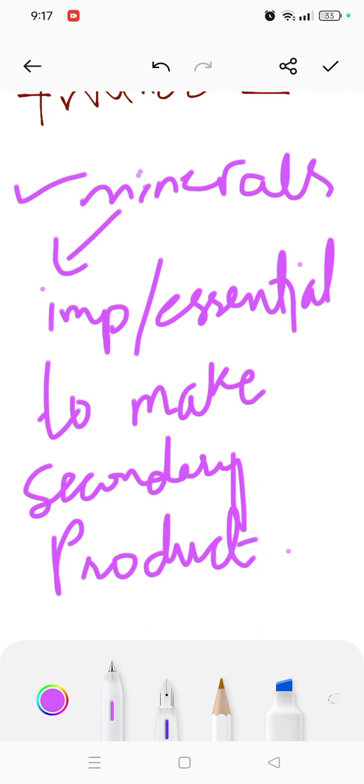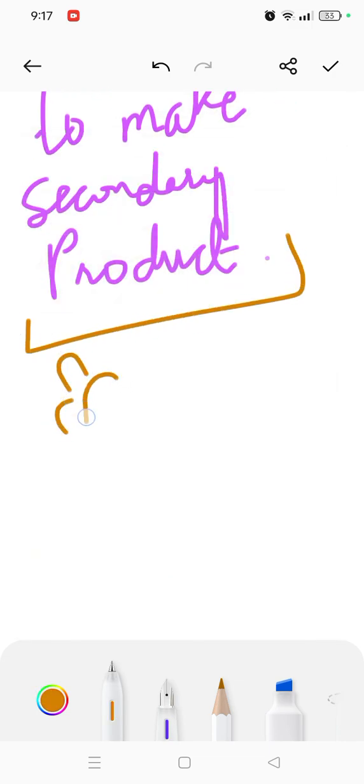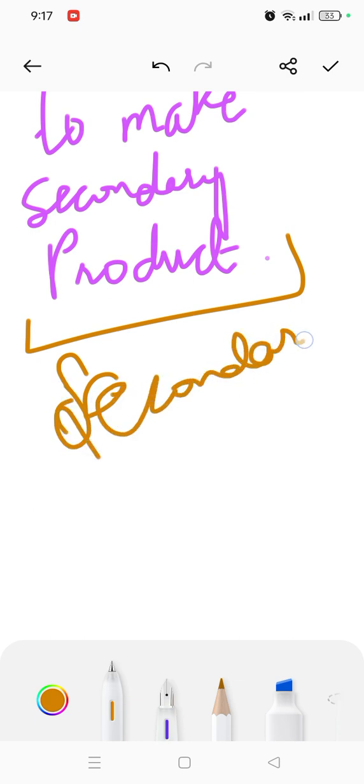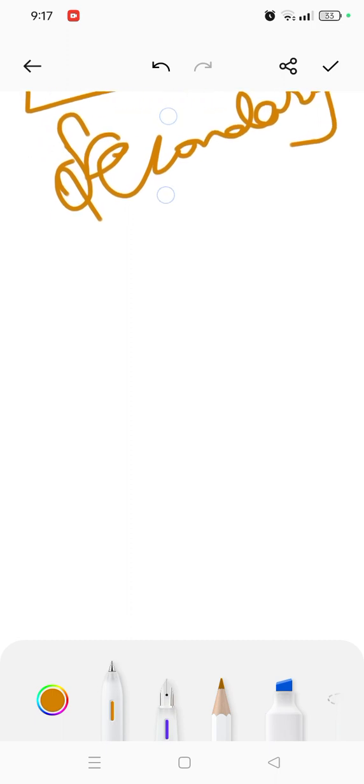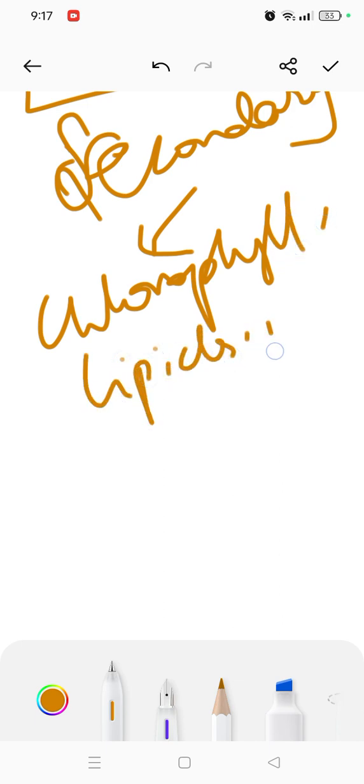They are very important. Now if you're thinking what secondary product is required here, the secondary product could be any biomolecule or chlorophyll, lipids, protein, and so many more. So these are all secondary products.